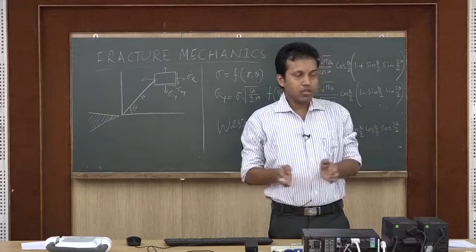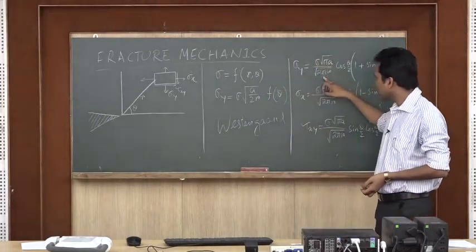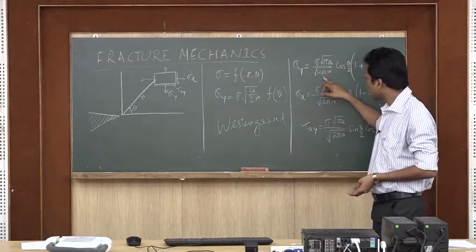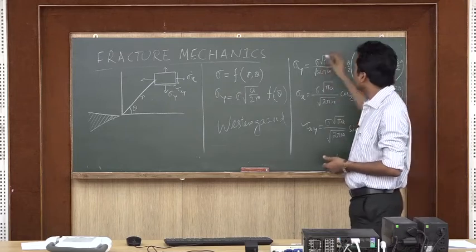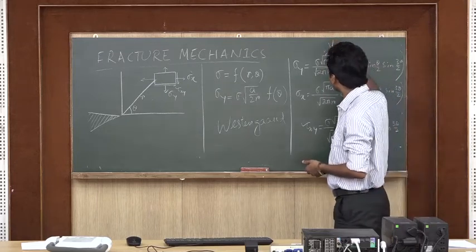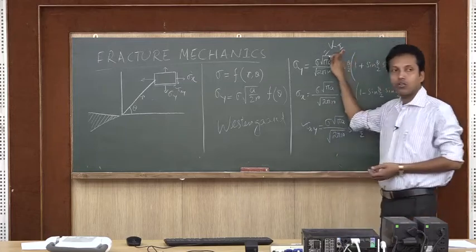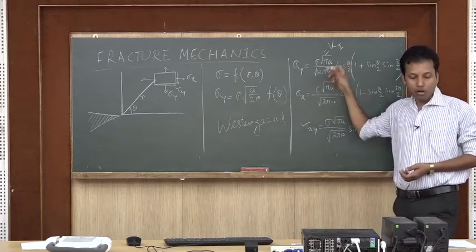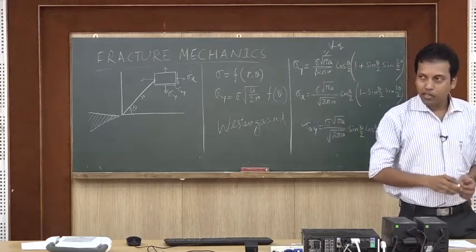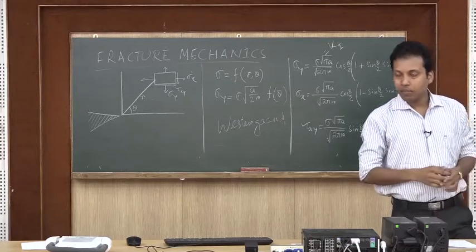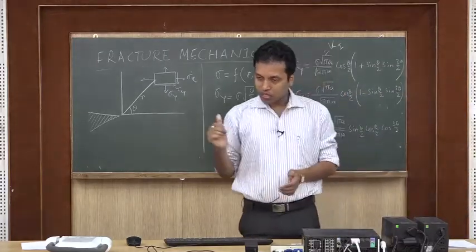So this term sigma root pi a, you can see here and here on both sides I have written pi. There is some reason that sigma root pi a is known as K1. Last class I think I said this I is actually not Ki. In all fracture mechanics chapters you will find this symbol I, and after telling repeatedly, you still make this mistake and call this Ki.